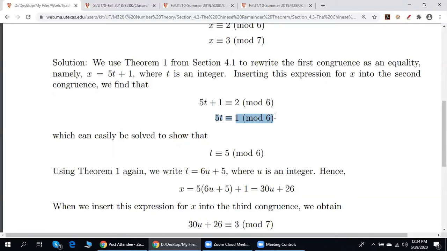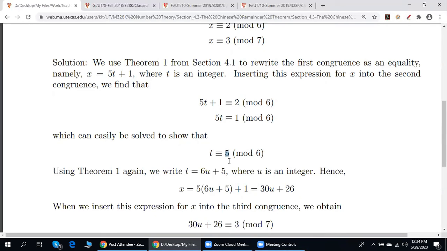In order to find a particular and therefore all solutions of this congruence, one way to do it is to plug in numbers from 0 to 5 instead of t. 0 does not work, 1 does not work, and so on.